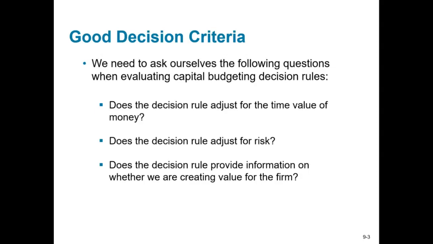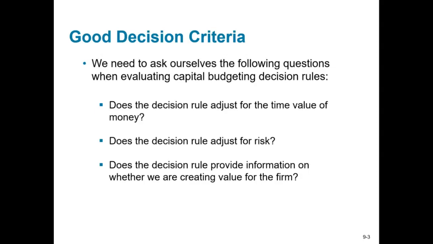Also, because we are talking about the future and the future is uncertain, risk is prevalent there. So does the decision rule adjust for risk is the second most important question you need to ask while evaluating capital budgeting decisions. Does the decision rule provide information on whether we are creating value for the firm?